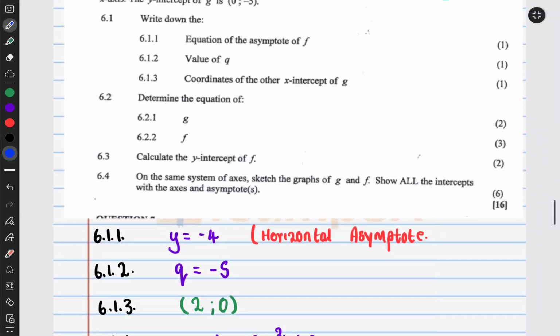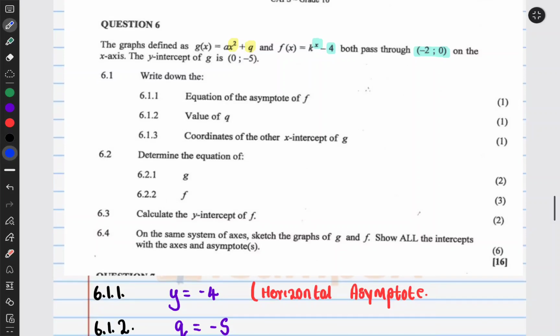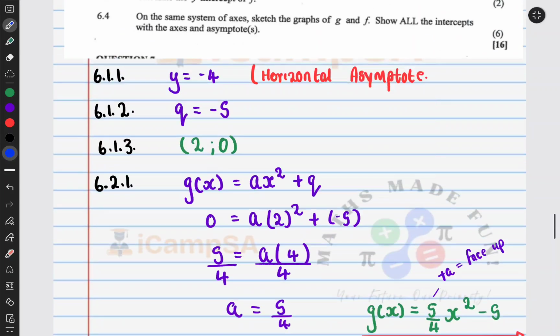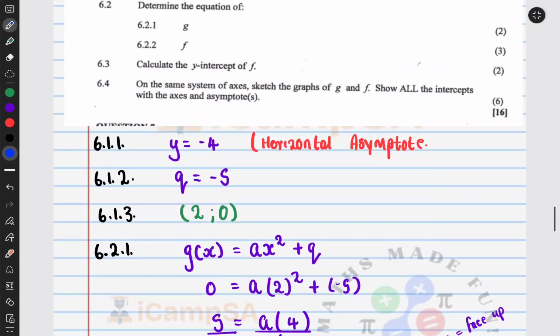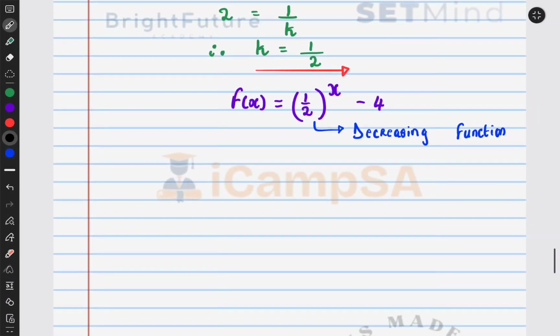that is that. Okay, and then next, calculate the y-intercept of f. What is f? F is the exponential function. So this is 6.3. For 6.3, what do we do in order to calculate the y-intercept? For the y-intercept, let x equal 0, and then let's solve.